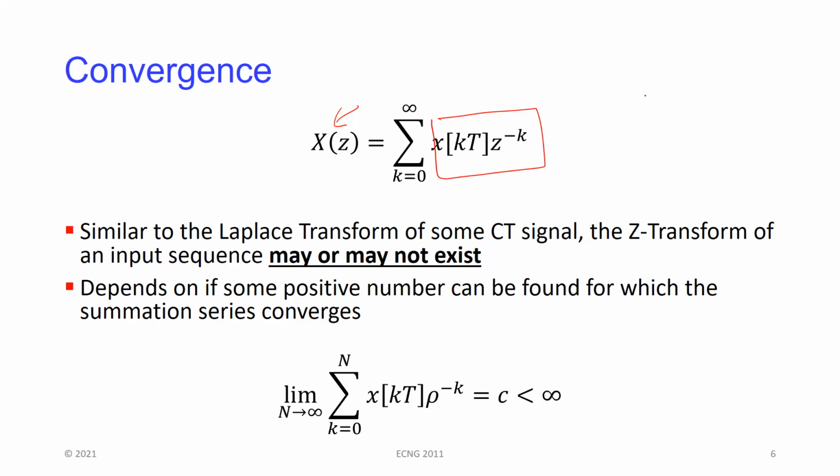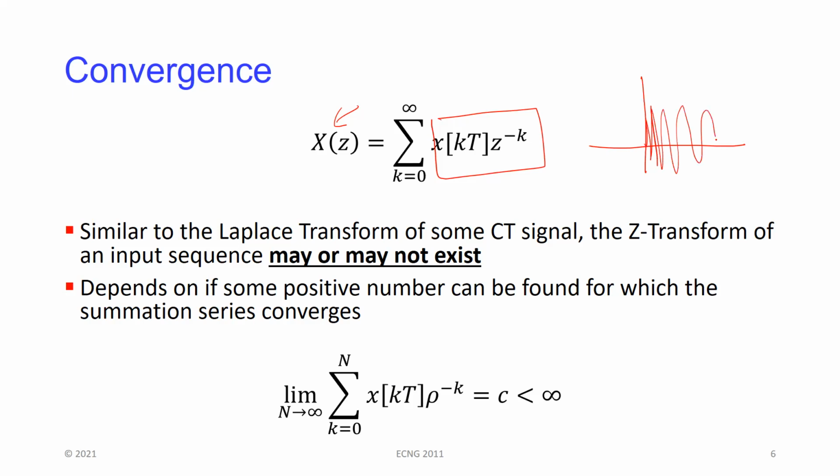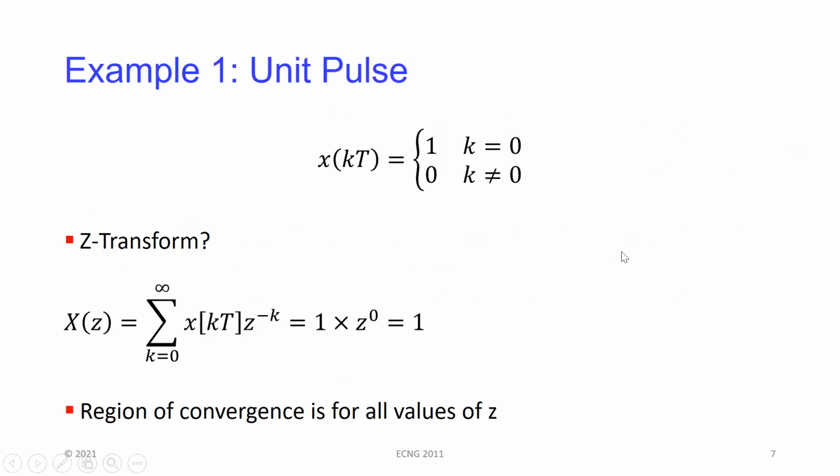Remember last week we spoke about signals like the chirp signals, where the frequency starts very high and goes low, then there's a discontinuity and it starts back very high and goes low. We said that something like this cannot have a Fourier transform. Same way, certain types of signals cannot have a Z transform. Just to be aware of that.